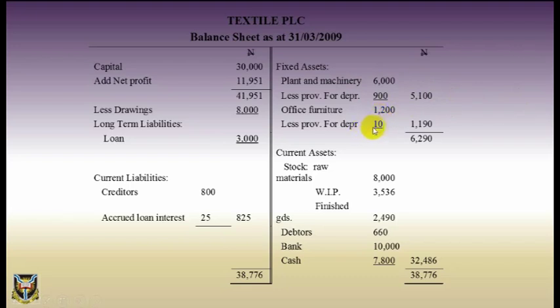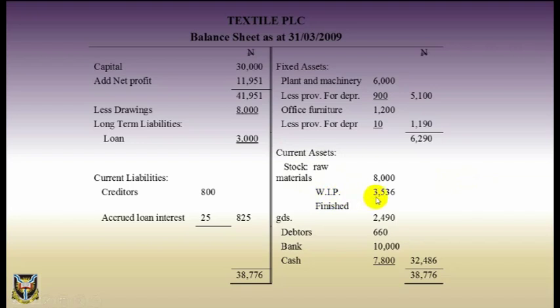Less provision for depreciation 10, making 1,190 on subtraction. Total 6,290. Current assets. Stock, raw materials 8,000.